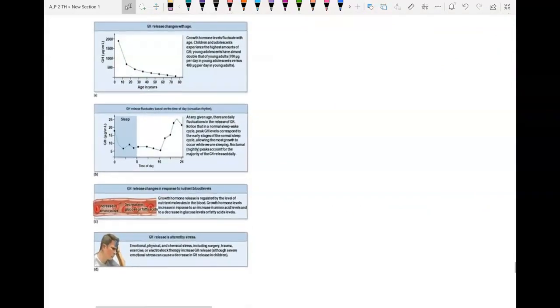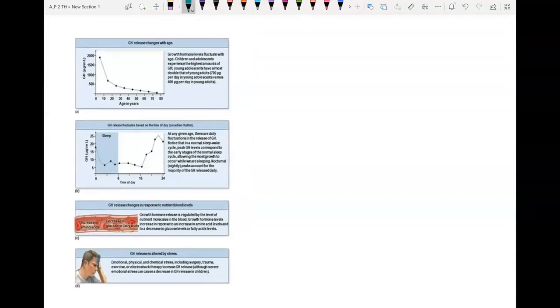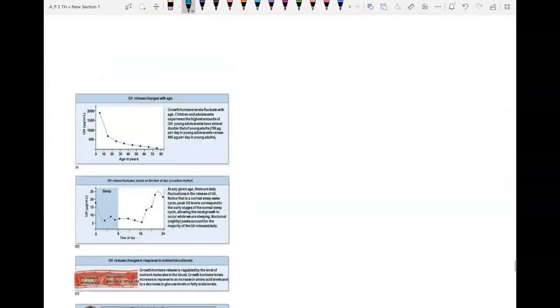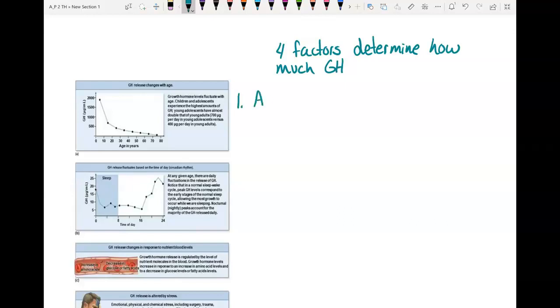Growth hormone varies. It is definitely not a steady level. So there are four main factors that determine how much growth hormone you have. The first one is age.